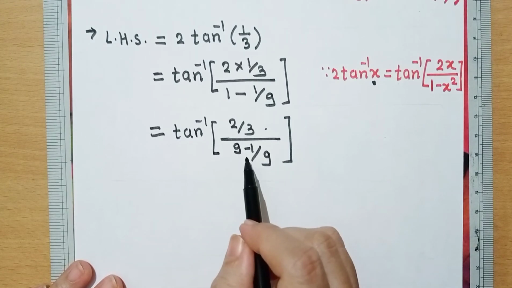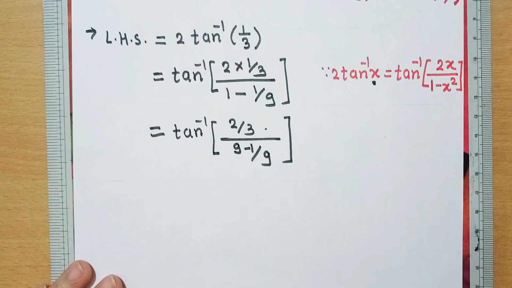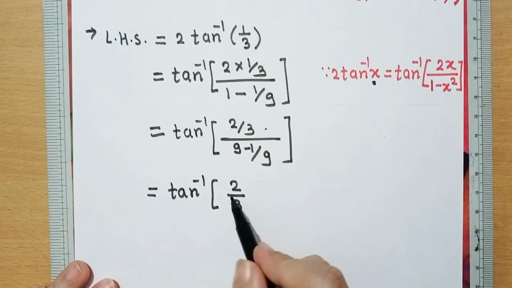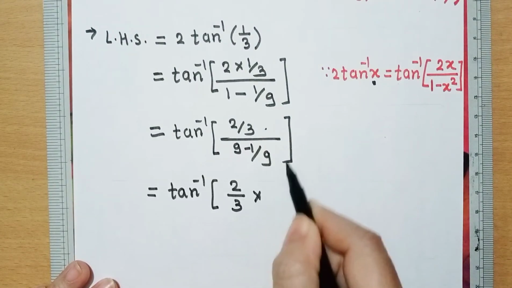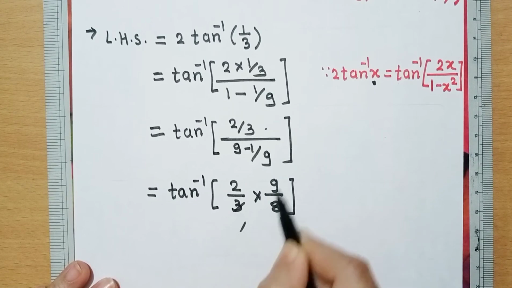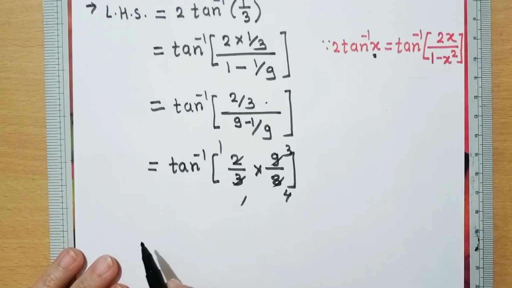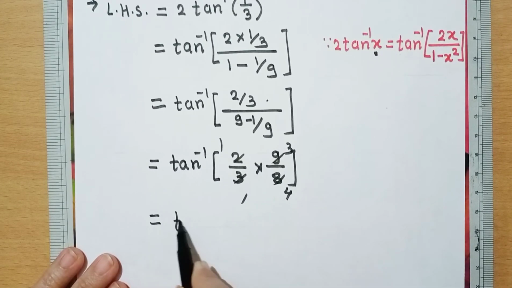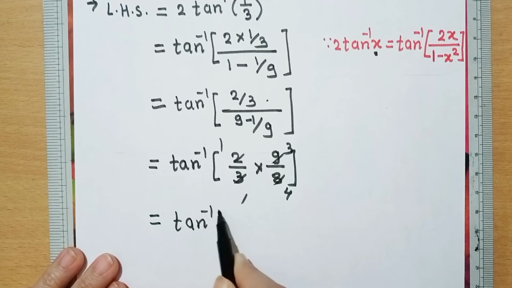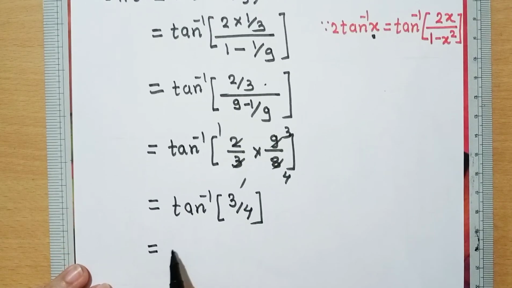So 9 minus 1 is 8, 8 upon 9 and again division means inverse of multiplication. So multiply by this 9 upside, 8 downside, 3 ones are 3, 3 threes are 9, 2 ones are 2, 2 fours are 8, and so that is equal to tan inverse of this is 3 upon 4 and this is equal to RHS.